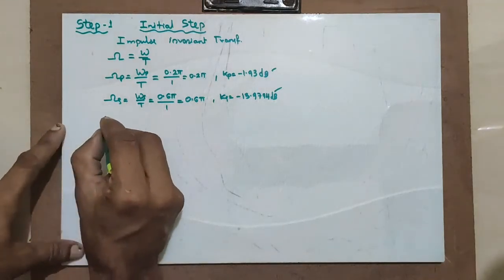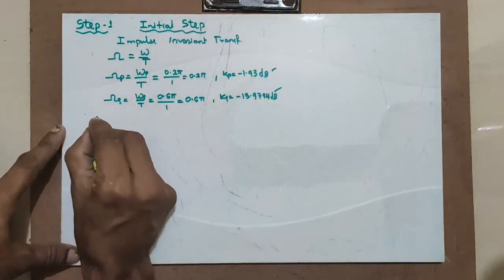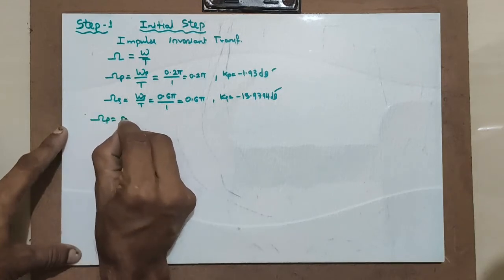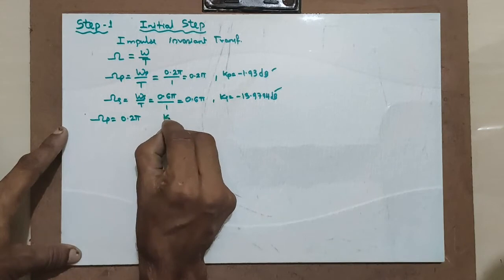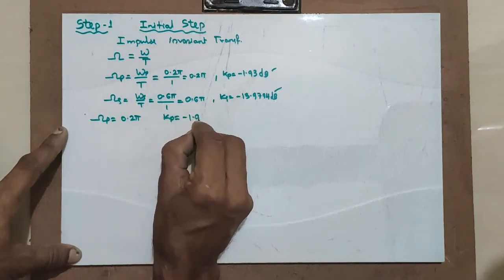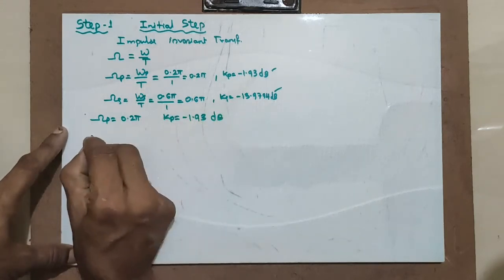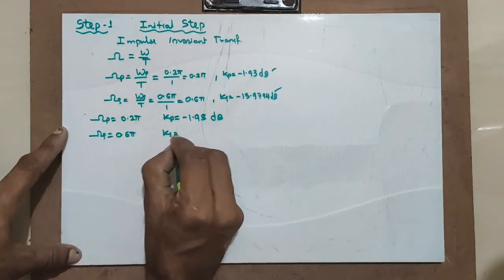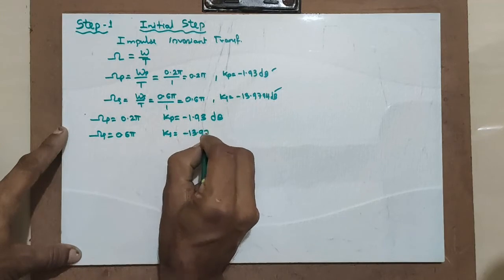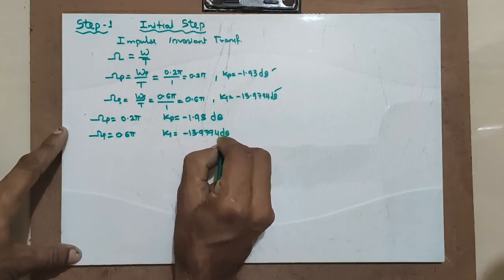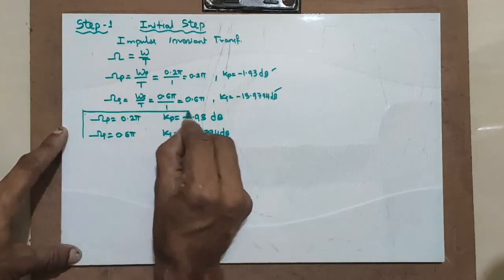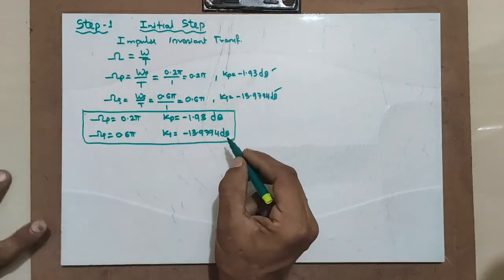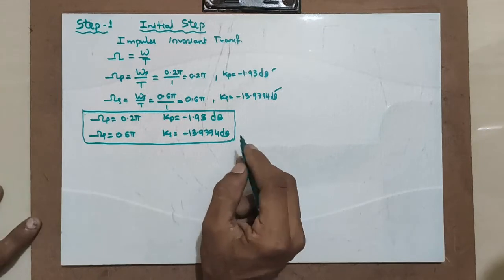After the initial step, omega p is equal to 0.2 pi, Kp is equal to minus 1.93 decibel, omega s is equal to 0.6 pi, and Ks is equal to minus 13.9794 decibel. This is my answer after the first step. I generally ask students to box these answers.